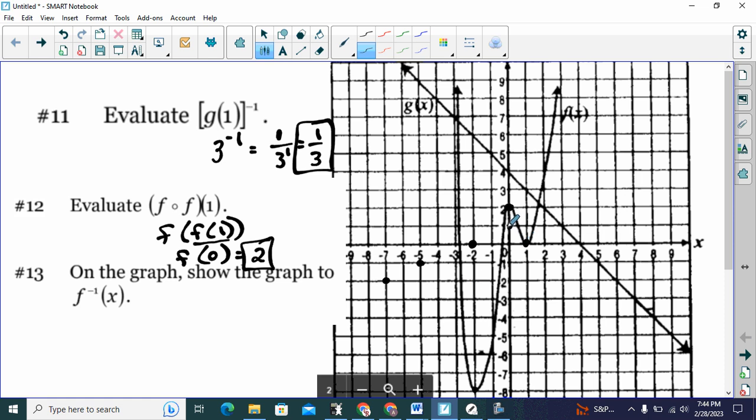Oh, I plotted negative 2, 0, sorry. 0, 2 becomes 2, 0. 1, 0 becomes 0, 1. 2, 4 is now 4, 2. And it continues up from there.